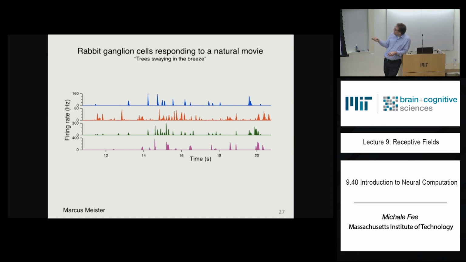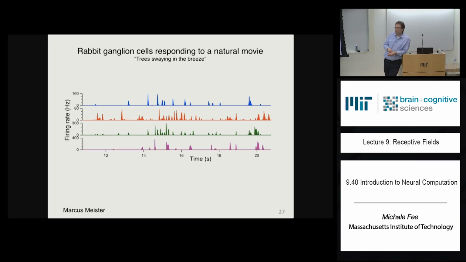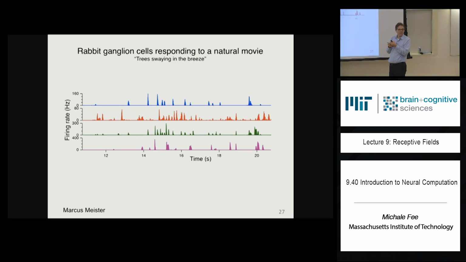So you have all these different neurons, and you can see that each neuron responds to a different feature of that movie, right? And that's because each neuron has a receptive field that's in a slightly different location, has a slightly different spatial and temporal receptive field that allows it to pick out different features of the visual stimulus.